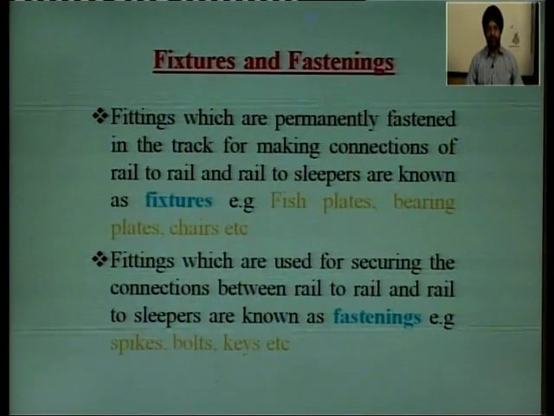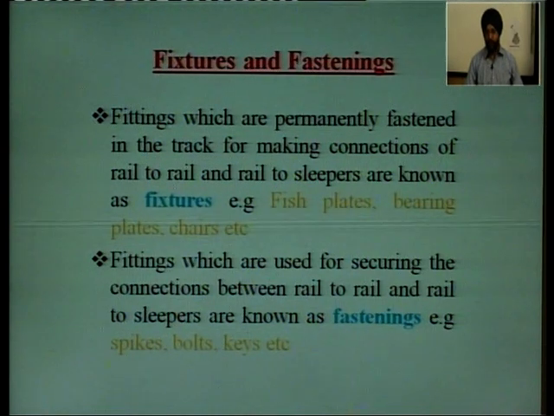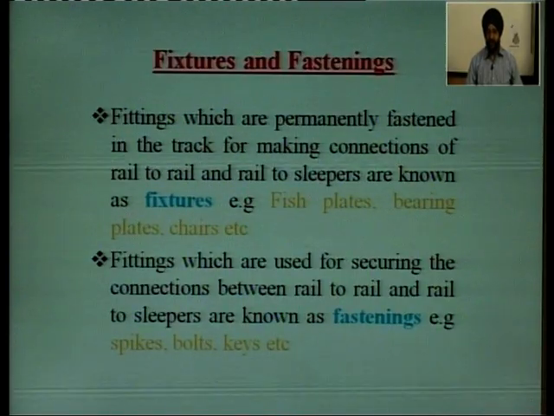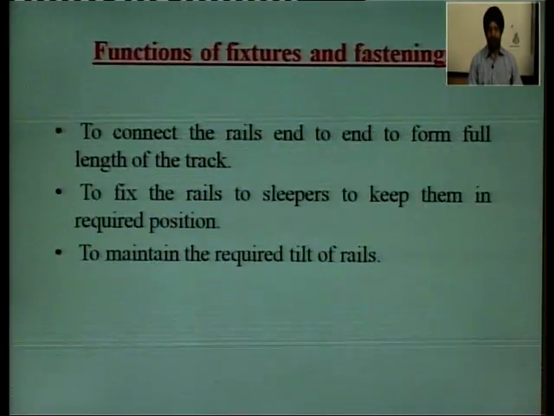Fastenings are the fittings which are used for securing the connections between rail to rail and rail to slippers. So, this is the basic difference between fixtures and fastenings. The fixtures are the permanently fastened parts, whereas the fastenings generally secure those connections, like spikes, bolts and keys. These are the examples of fastenings.